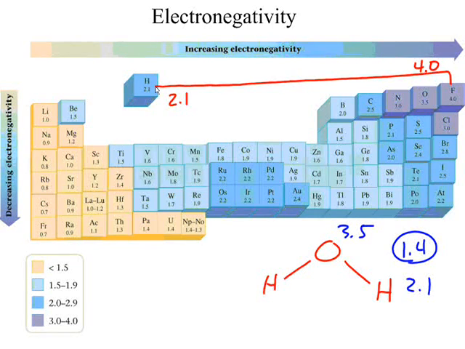Which means that the electrons that are being shared, which are represented by the dash here between the oxygen and the hydrogen, are being pulled more toward the oxygen than the hydrogen. So I can draw these arrows showing that the electron density is moved more toward the oxygen. This makes the two bonds in the water molecule polar and accumulates a bunch of negative charge around the oxygen, which ends up being pretty significant in terms of determining the properties of water.